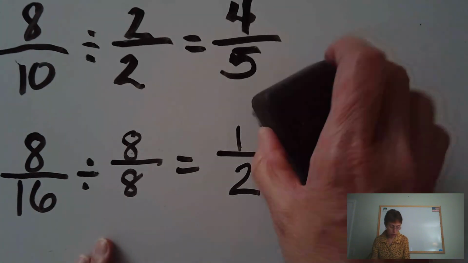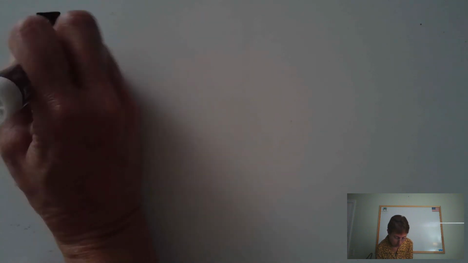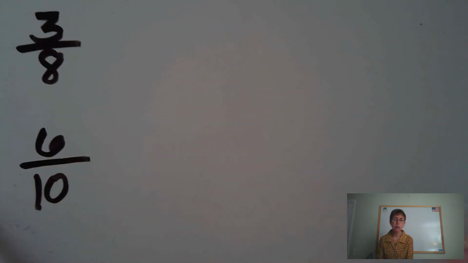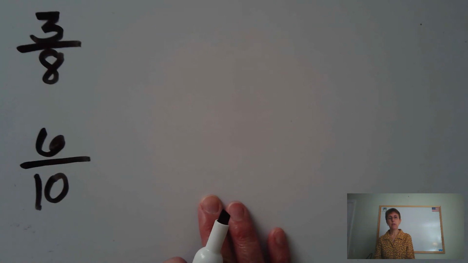Okay, we didn't do all of the practice ones, but we did most of them, and we did some additional ones. But let's just take a look here, and let's do 3/8 and 6/10. Let's make these the last two that we work on together. All right, so 3/8. What fraction name are we going to divide 3/8 by?